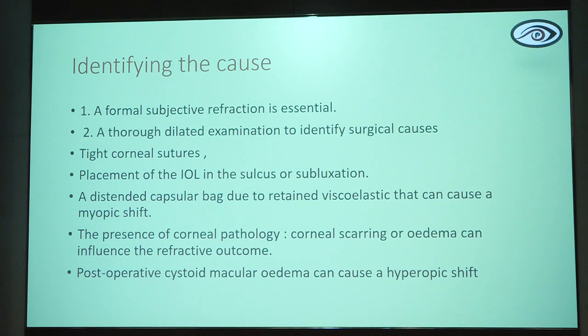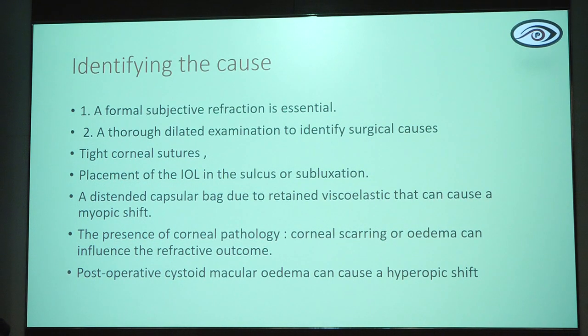Once you already have a post cataract surgery refractive surprise, how do you identify the cause? First do a subjective refraction of the patient. A thorough, detailed fundus examination is very, very important. In the detailed examination, check whether you have put a tight corneal suture, especially if the patient was referred from other places.